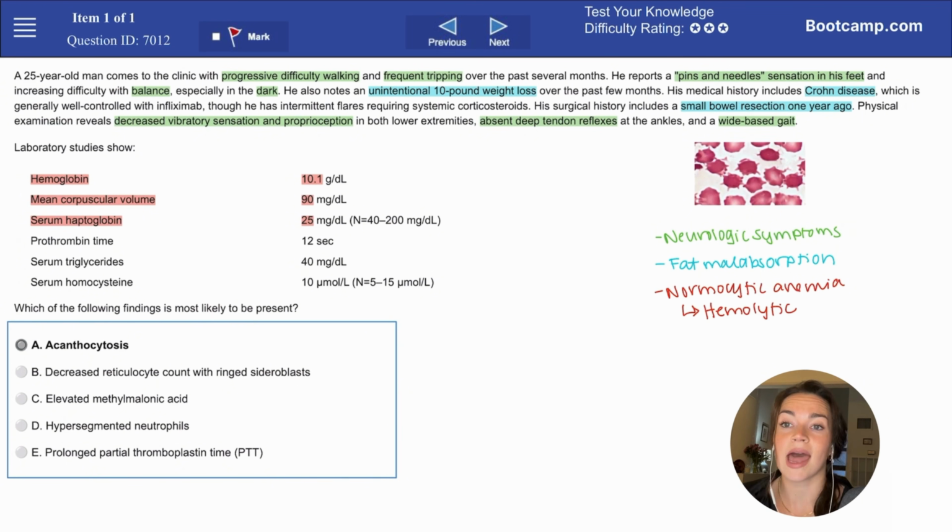If you don't know what haptoglobin is, it is a glycoprotein that is produced by the liver that floats around in the blood and basically binds to free hemoglobin in the blood. So when a red blood cell lyses or explodes, it will release its hemoglobin, and that free hemoglobin in the blood can cause oxidative damage. So haptoglobin is created to bind it and help clear it through the reticuloendothelial system, so the spleen and the liver mainly.